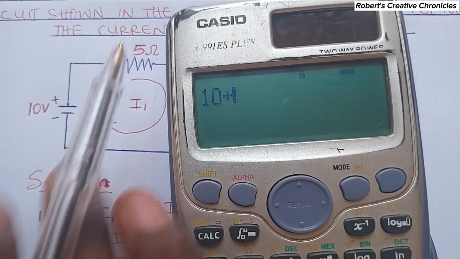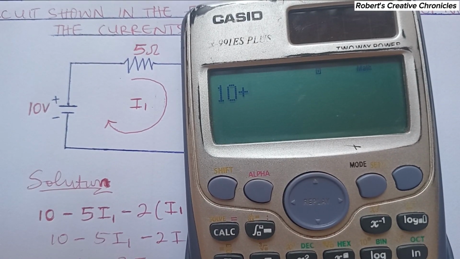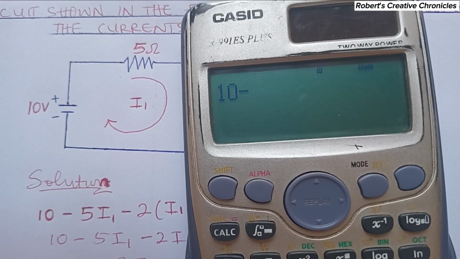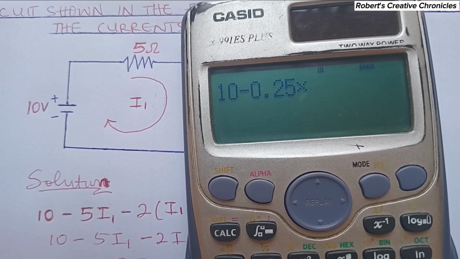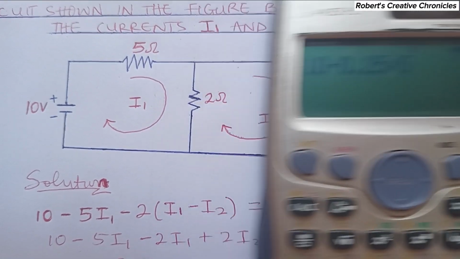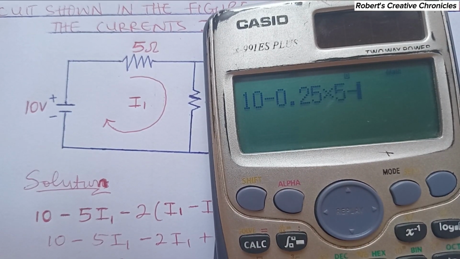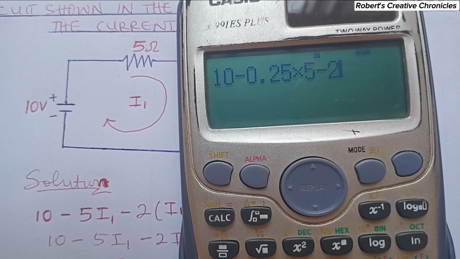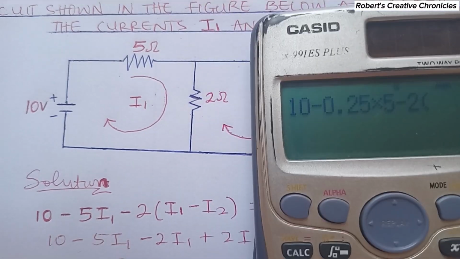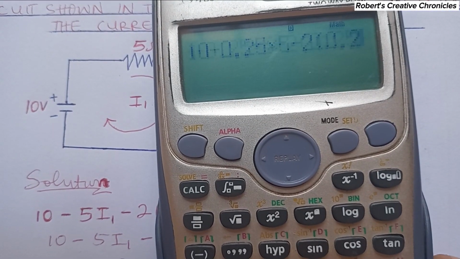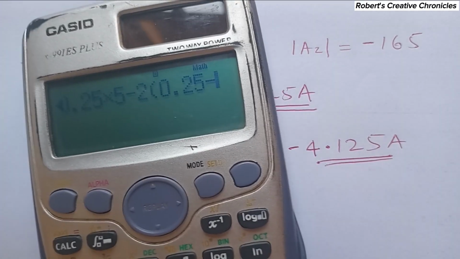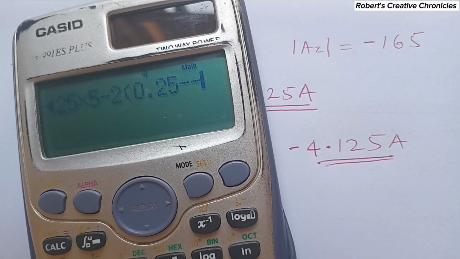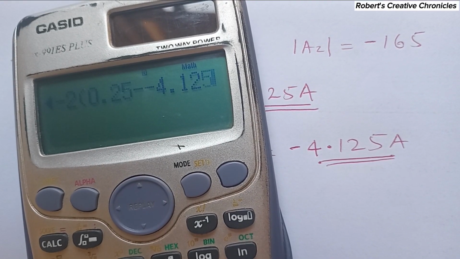Since we are moving in the same direction from higher to lower potential, it will be negative 0.25 times 5. Then negative 2 times I1, which is 0.25, minus I2, which is minus 4.125.